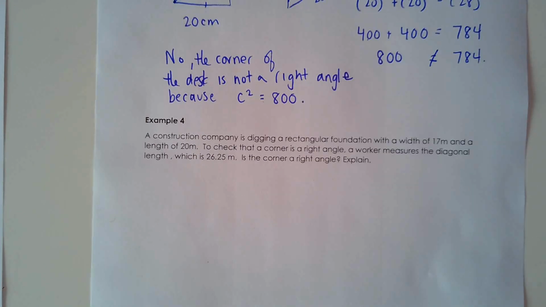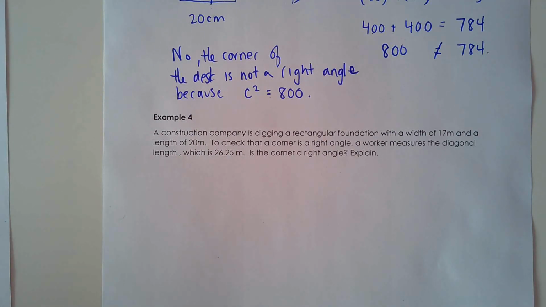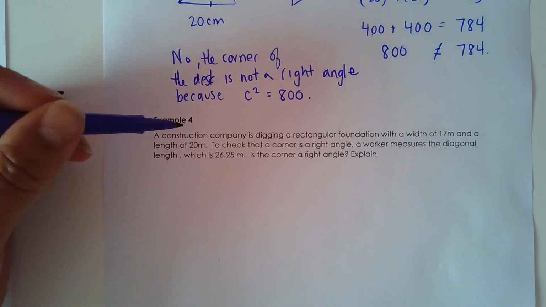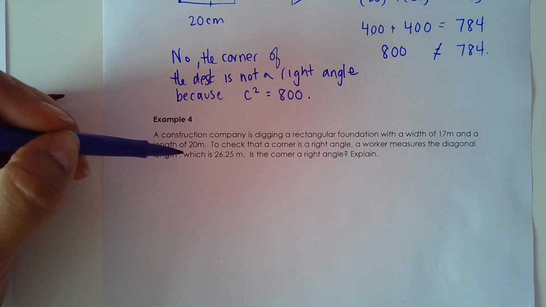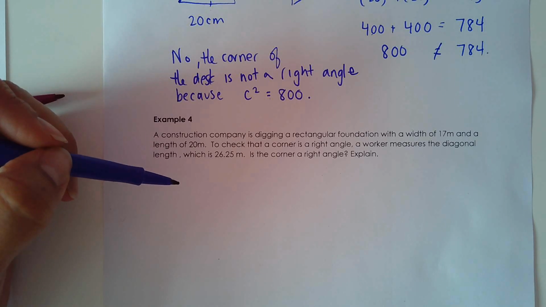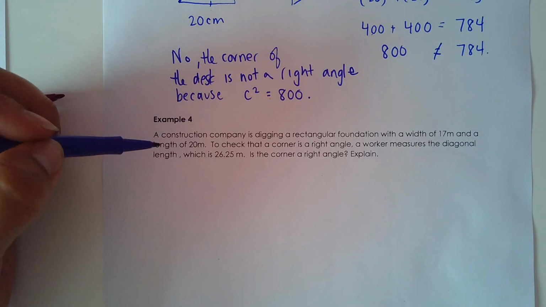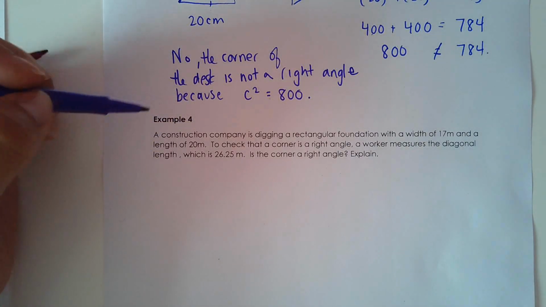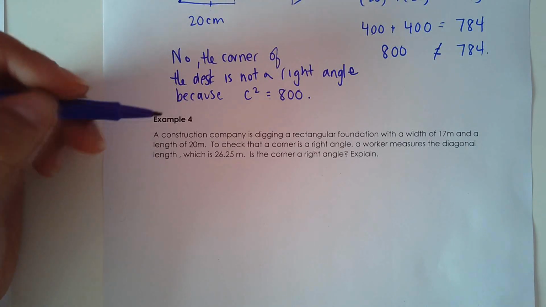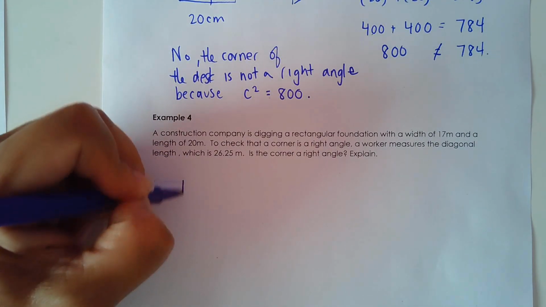Okay, last example. This one is similar to example 3. It looks like they've done all the calculations for us and they want to see whether or not it is a right angle. So we have a construction company that's digging a rectangular foundation.